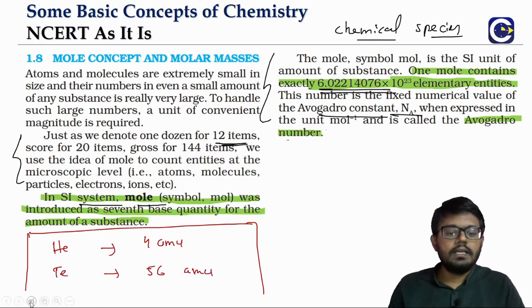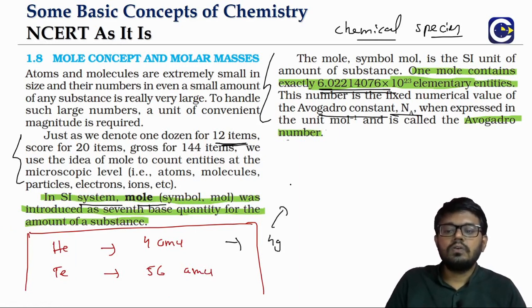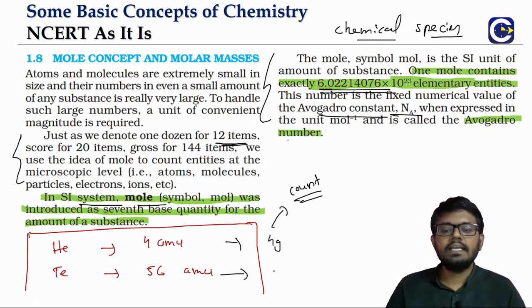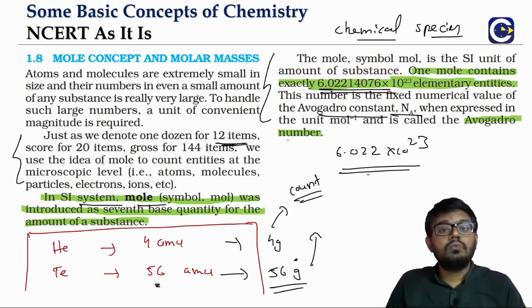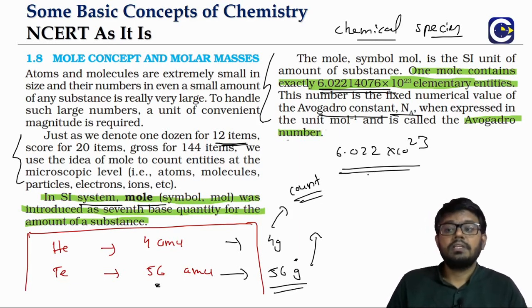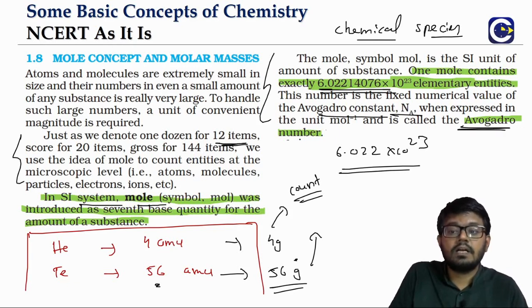If you take exactly 4 grams of helium and count the number of helium atoms, and if you take exactly 56 grams of iron, same value 56 but the unit is grams, and count the number of iron atoms in that, those numbers of atoms were coming approximately to 6.022 into 10 power 23. That is how Avogadro came up with this number.